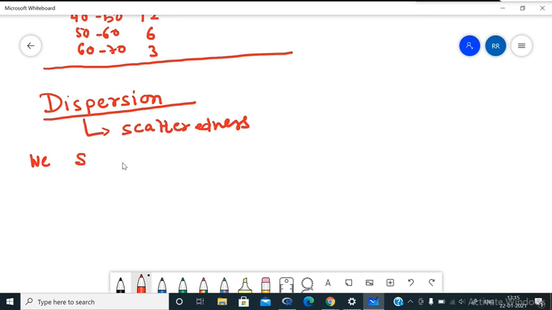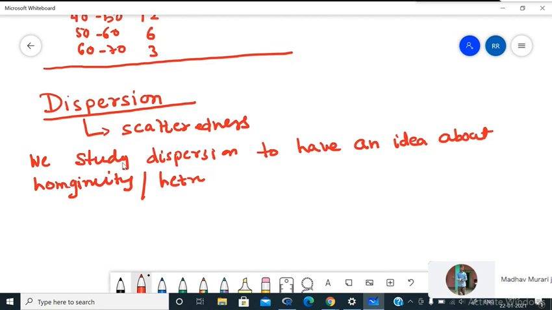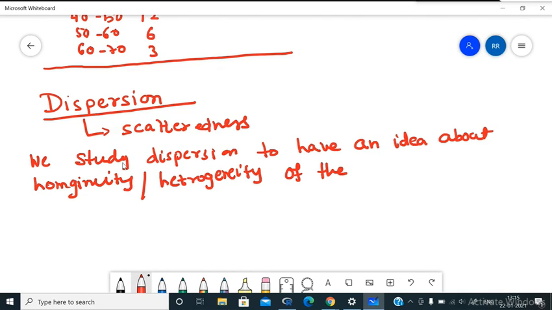And we study dispersion to have an idea about the homogeneity or heterogeneity of the distribution.